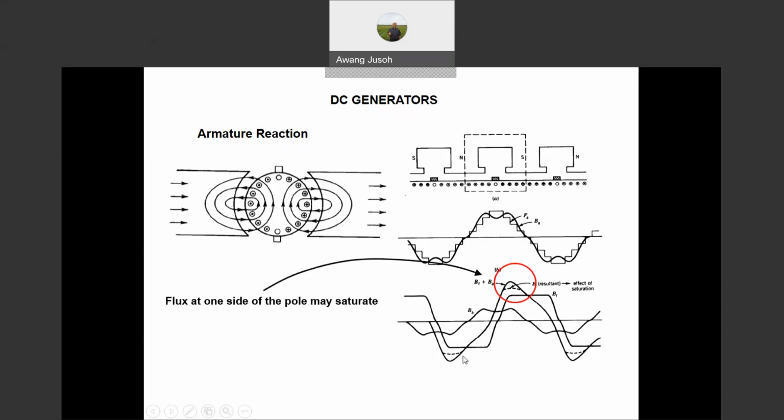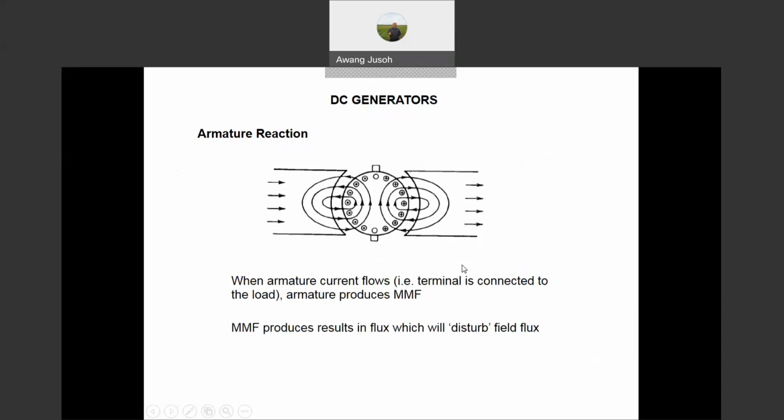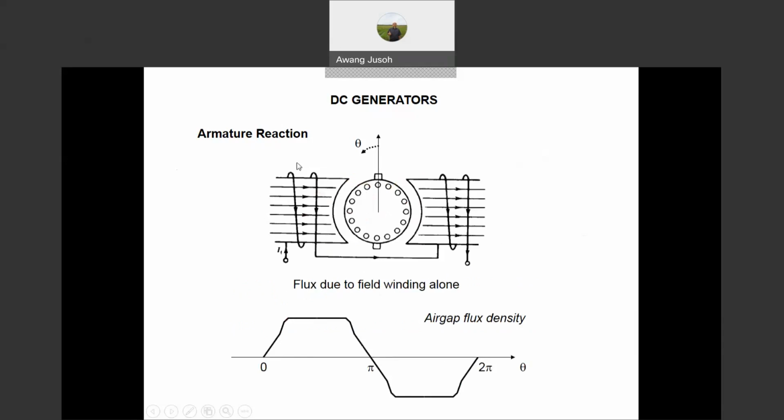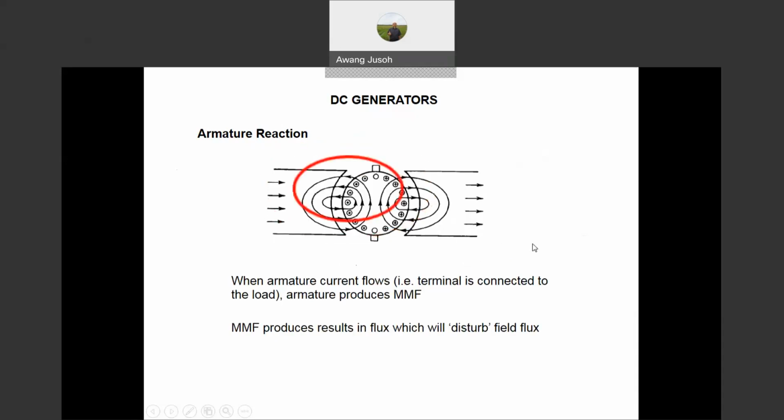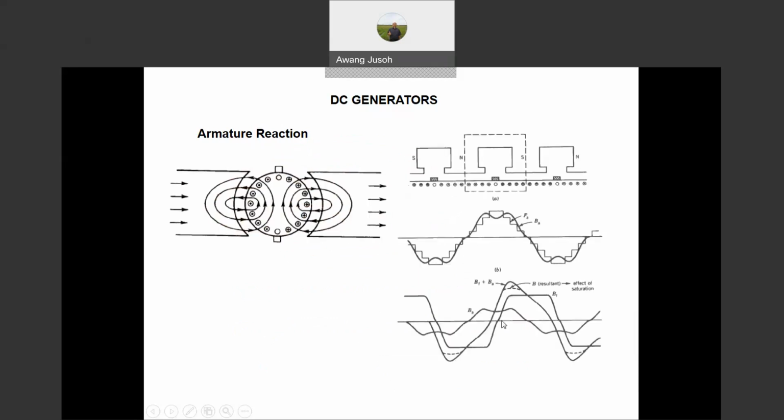Also in this part, if we add these two fluxes: the original flux from this magnet, or from this north-south pole, the main flux in the machine, with the flux due to IA, you call it MMFA. So what happens if we add these two? Basically, the total flux in the machine will be changed like that.